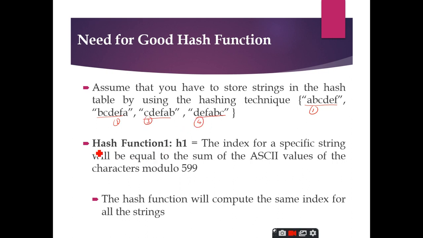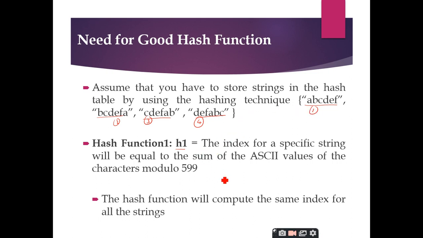Now let us assume I have defined a hash function 1 and I am naming it h1. As I told you, whenever you have strings, you should find a method such that the strings are converted into integers, and then you can apply the hash function, right?